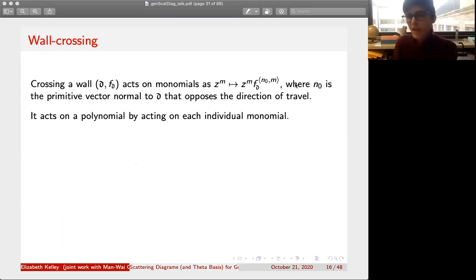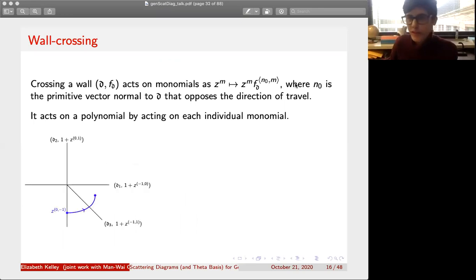Then I'm traveling along paths in the diagram. The picture I can draw for you is, let's say I start with the monomial z^(0,-1). Then I'm starting at this point down here on the bottom half of the vertical wall. I could travel along this path that I've drawn, and this path suggestively crosses exactly one wall.